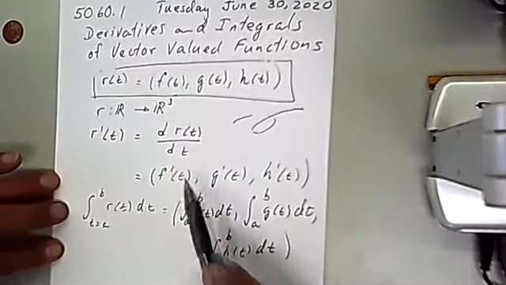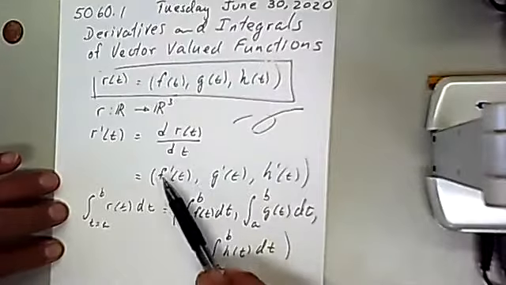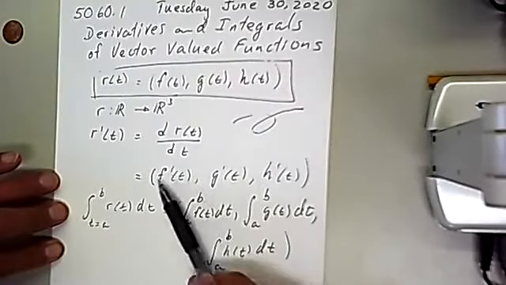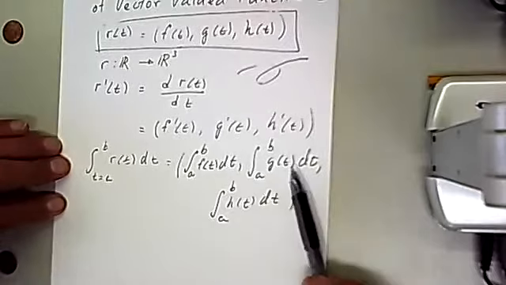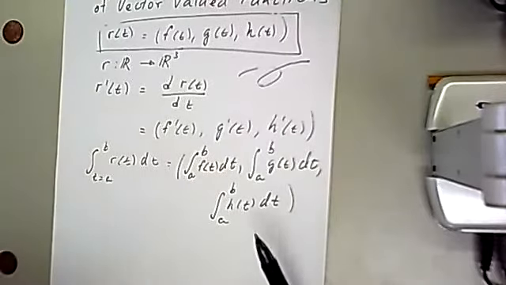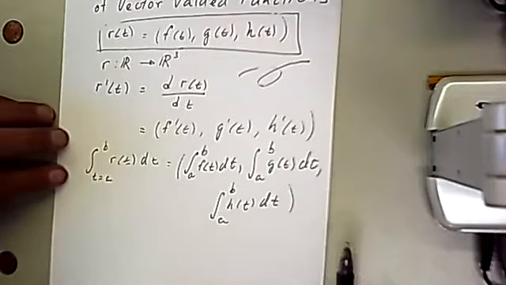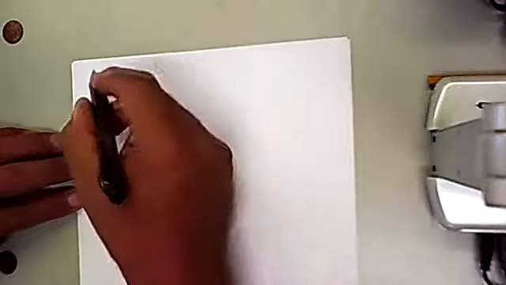And so the derivative is simply defined as the vector with such components, and the integral as a vector also with those components. So let's move on to the meaning of those.